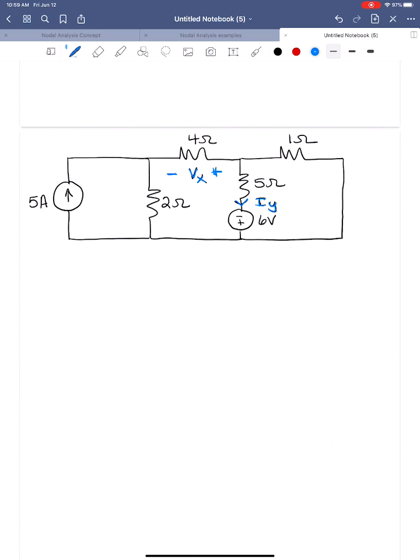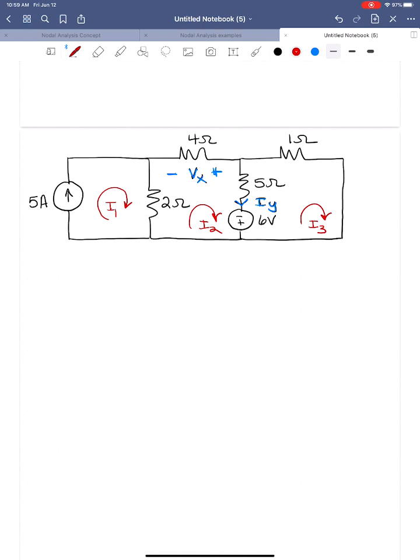Okay. So we're going to find the mesh currents and then find those two elements, voltage and current. All right, so let's label some mesh current variables. Here's I1. Here's I2. Here's I3. Okay, and like I said, I'm almost always going to label those in the clockwise direction.